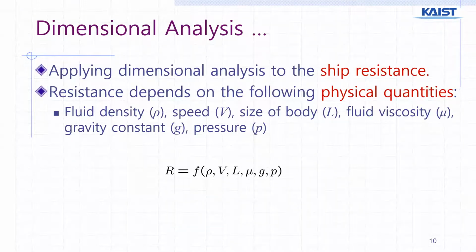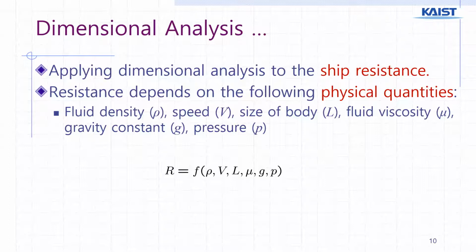So applying dimensional analysis to ship resistance, Froude did this. He found that the resistance of the ship depends on the following physical quantities: density, speed, length, viscosity, gravitational acceleration, and pressure.